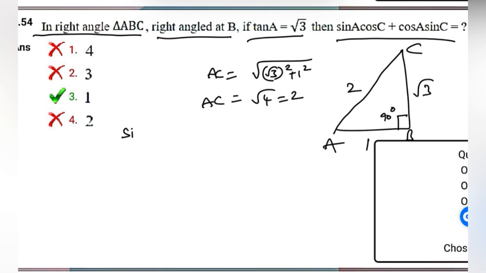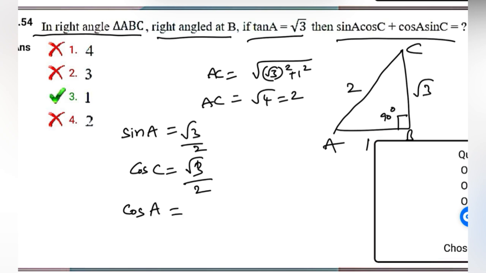And sin A is equal to root 3 by 2, cos C is equal to root 3 by 2 and cos A is equal to 1 by 2 and sin C is equal to 1 by 2.